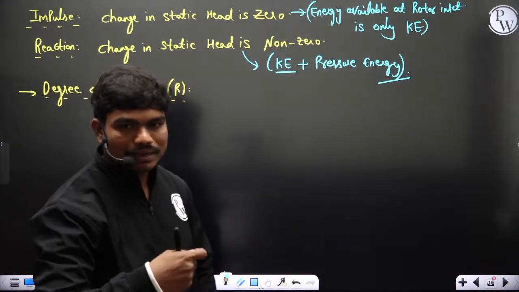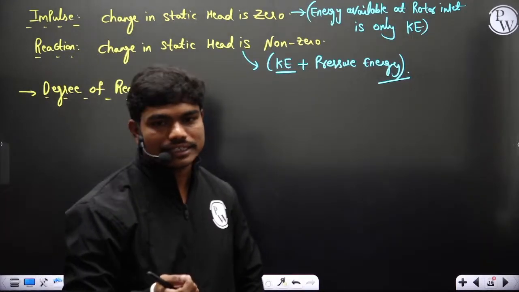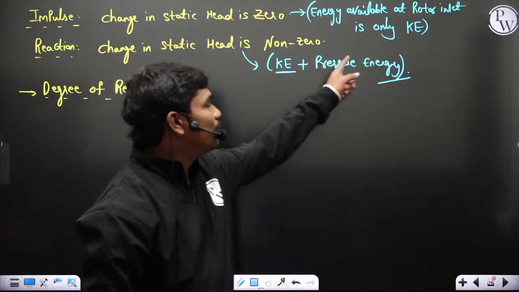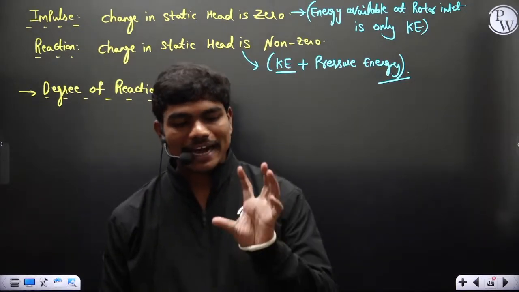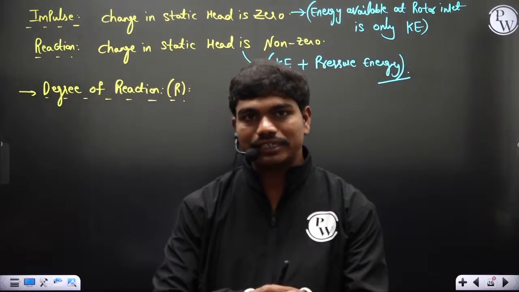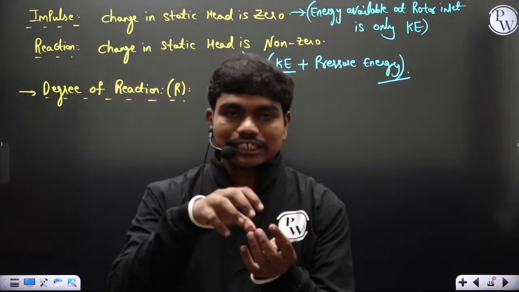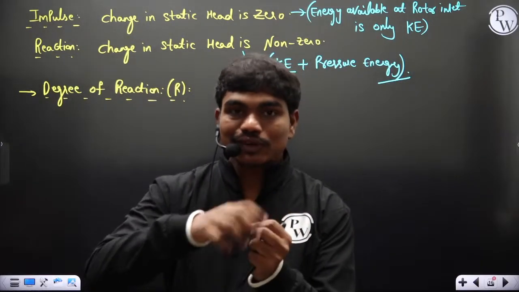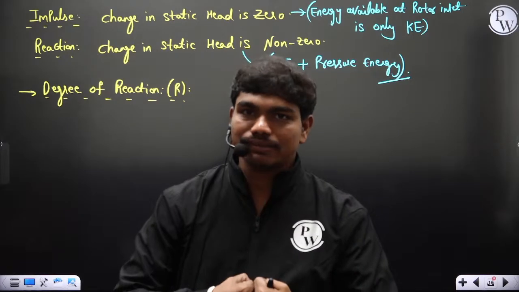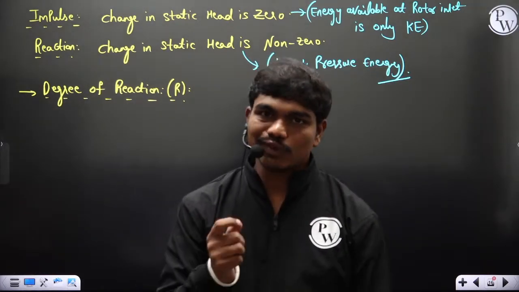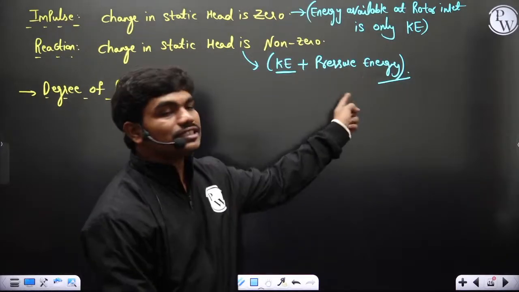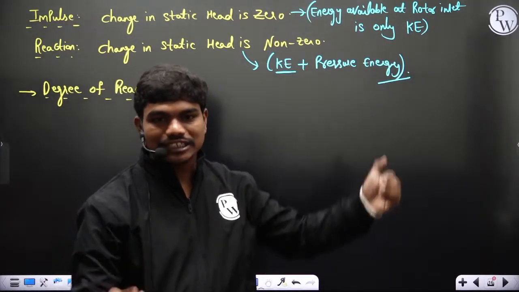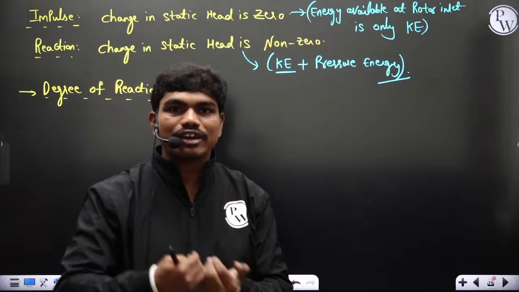Normally by simple calculation you can get a clear answer. But in a machine, what does a good hydraulic machine do? A good hydraulic machine is one which tries to grasp a majority of the total energy coming onto the water from the fluid, correct? So degree of reaction is one such measure of the performance of machines, where out of the complete pressure energy available, how much pressure energy can be utilized by the machine in converting it into power.